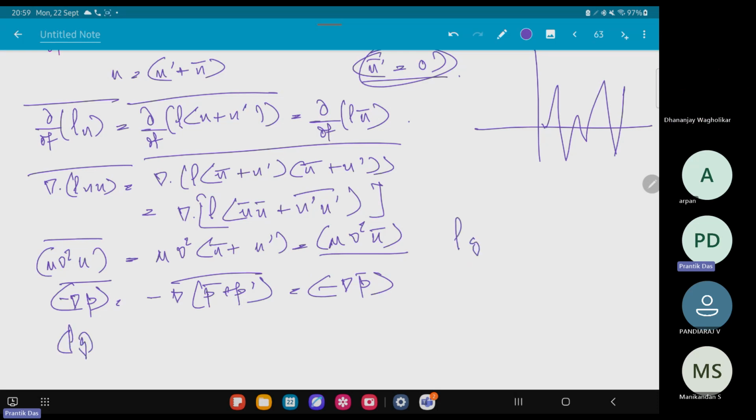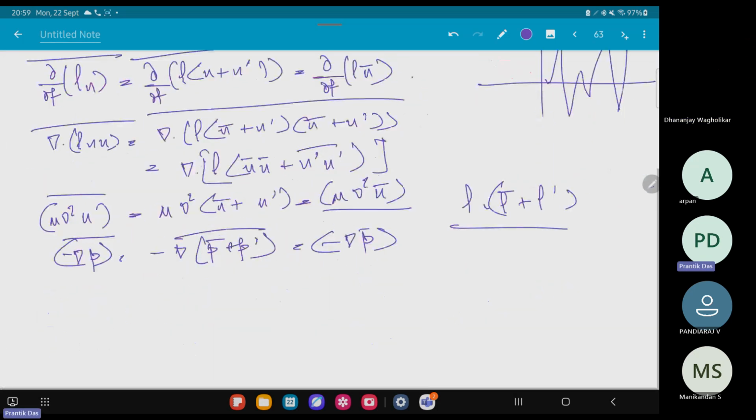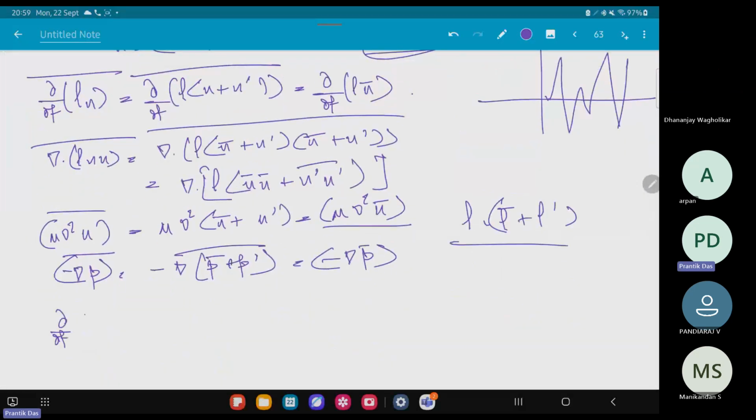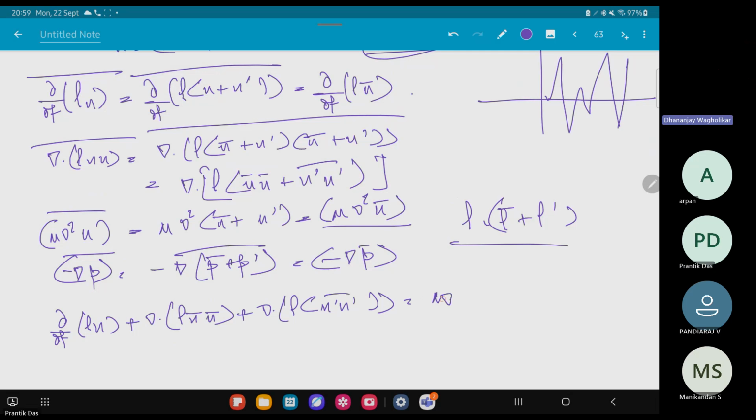Otherwise, I would have to consider rho equals rho bar plus rho prime, which I'm not considering here. So my equation reduces to d/dt of rho u bar plus del dot rho u bar u bar plus del dot rho u prime u prime bar equals mu del square u bar minus grad of p bar plus rho g. Is it clear to all of you?